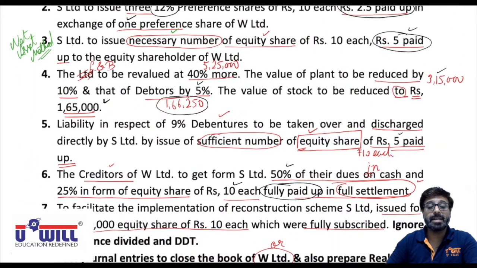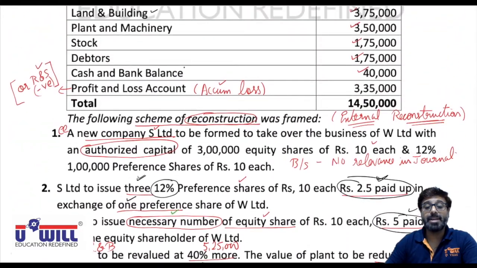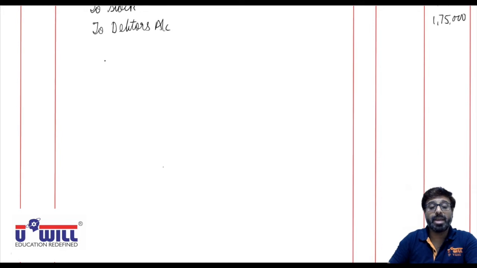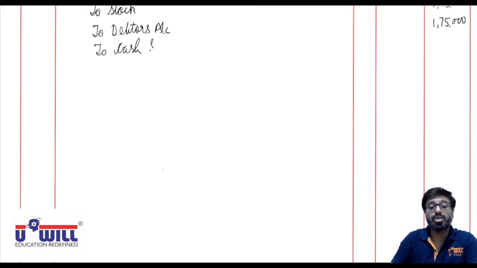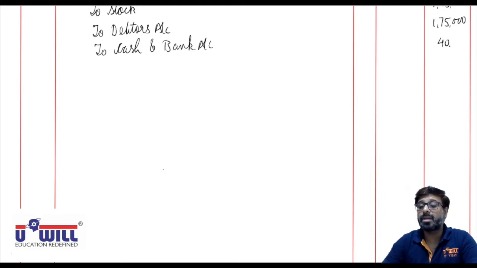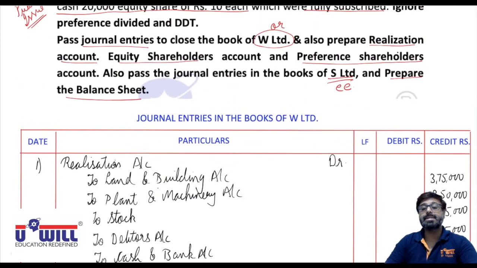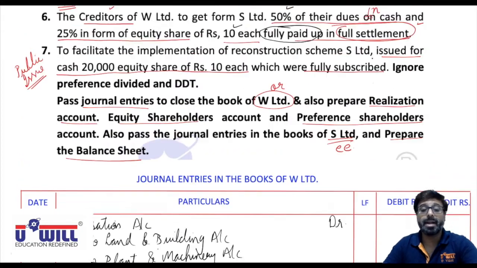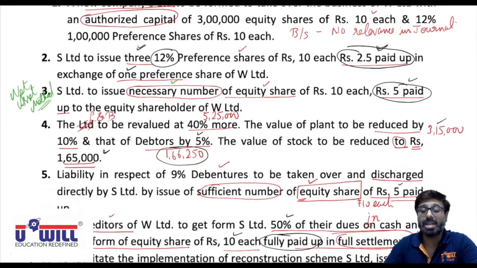Then after debtors we have cash and bank 40,000. Here we don't have to make a cash and bank account because there is no other transaction of cash. We are not receiving any cash from the transferee company. We are not selling any asset, not paying any liability. So the cash and bank account is not to be made.